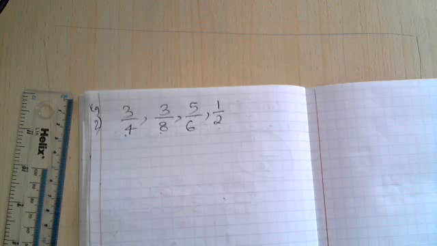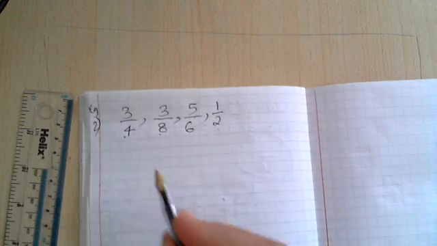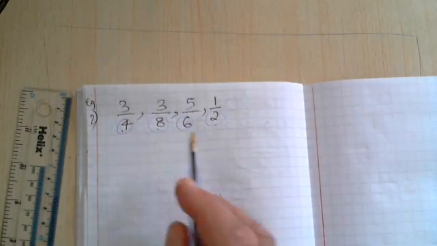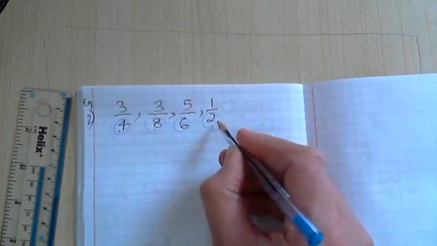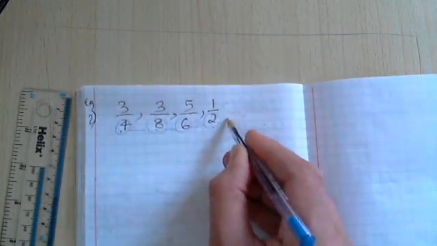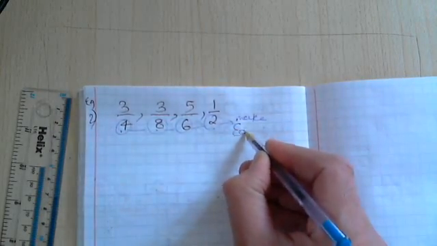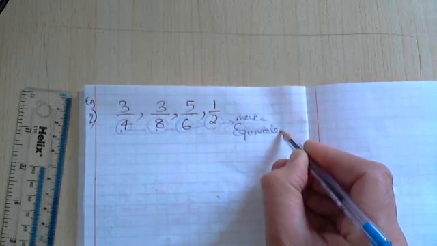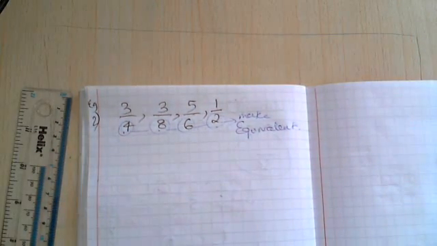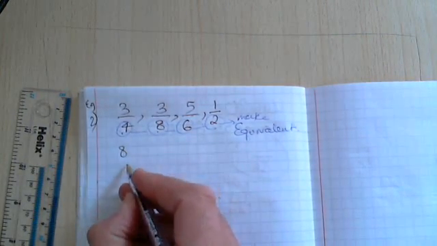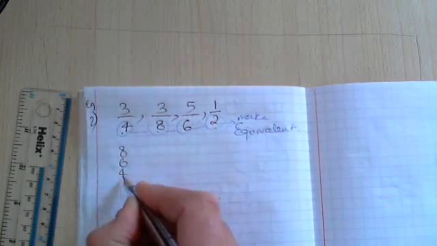Example number 2. So what do we look at? In this question, we have to look at the denominators, the bottom numbers. We have to make these numbers equivalent. Okay, now, what number will they all go into? That's what we're trying to find. So if we do the quick method, we have 8, 6, 4, and 2.